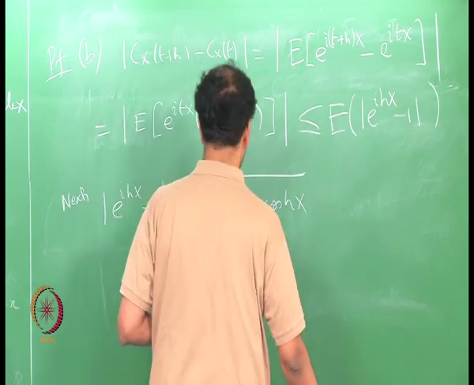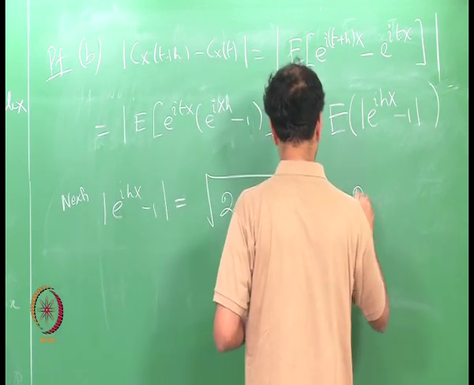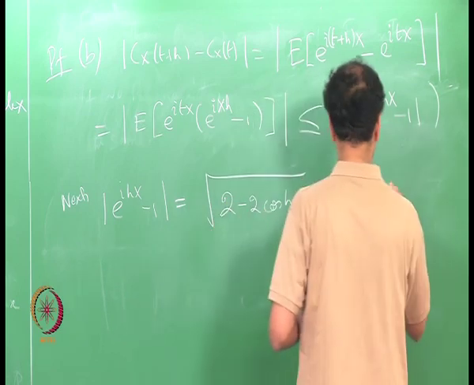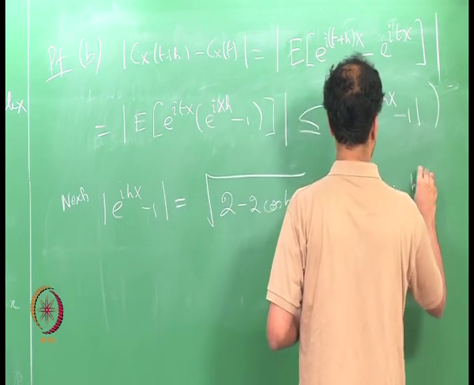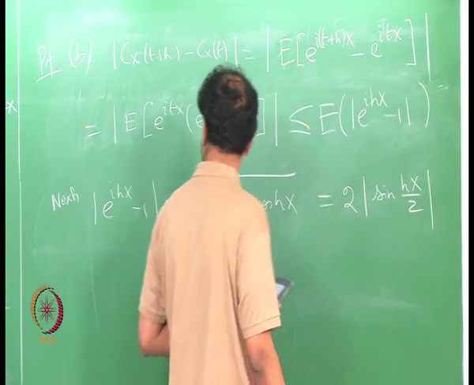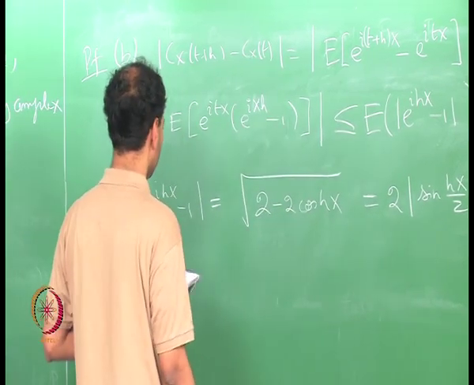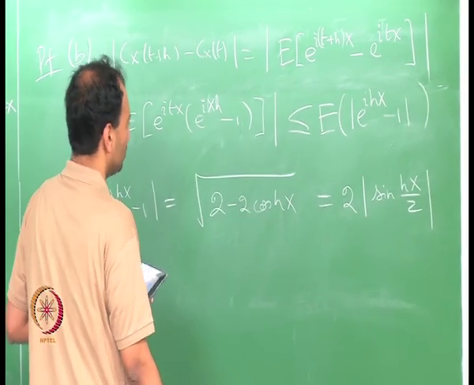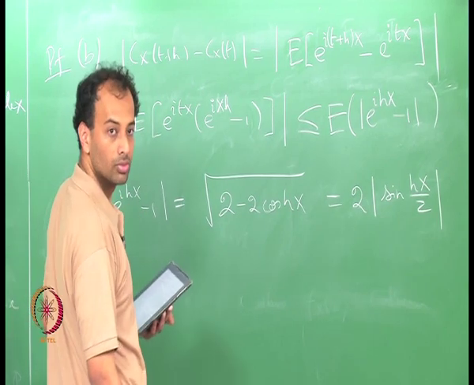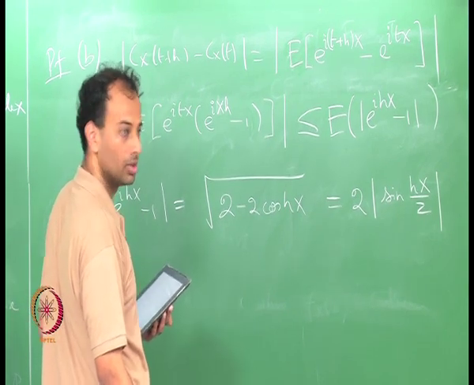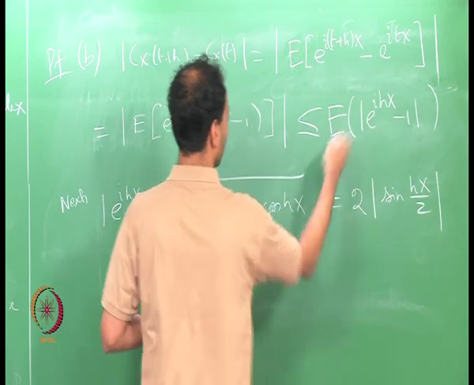And then this is equal to 2 times the absolute value of sin(hx/2). I am just expanding the cosine.